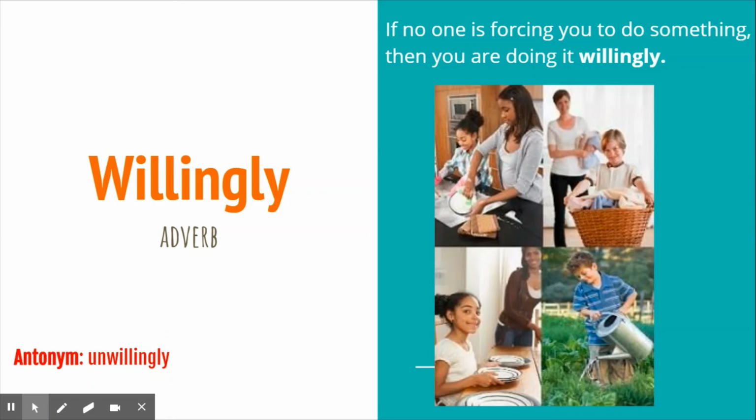An antonym for the word willingly is unwillingly. We have a suffix and prefix here. Remember that the prefix un means no, the opposite. So unwillingly means you don't want to do it. You can come up with your own sentence for this illustration.